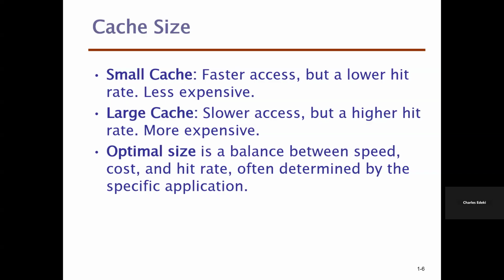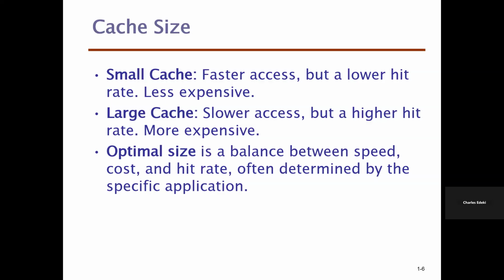Now, when it comes to the size, the trade-off here will be size versus latency, or cost, or power consumption. Most likely, the smaller the size, the less power consumption.